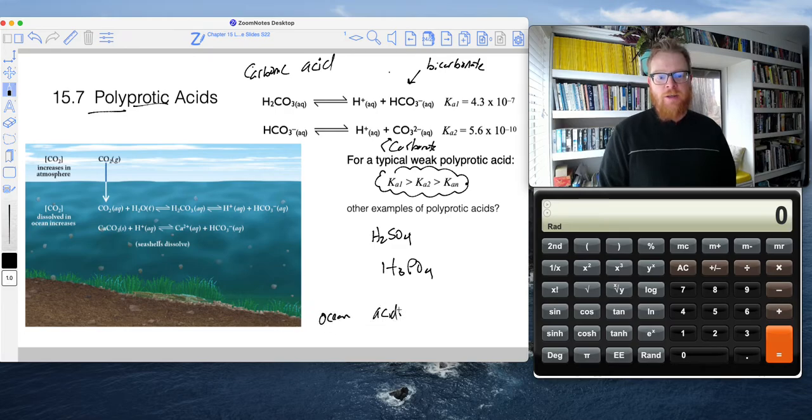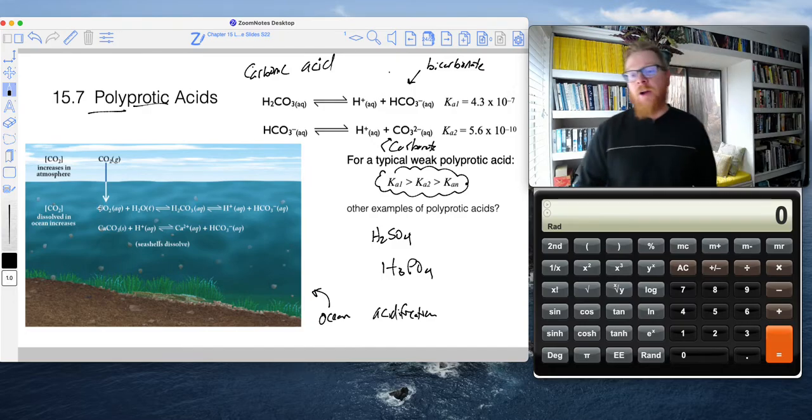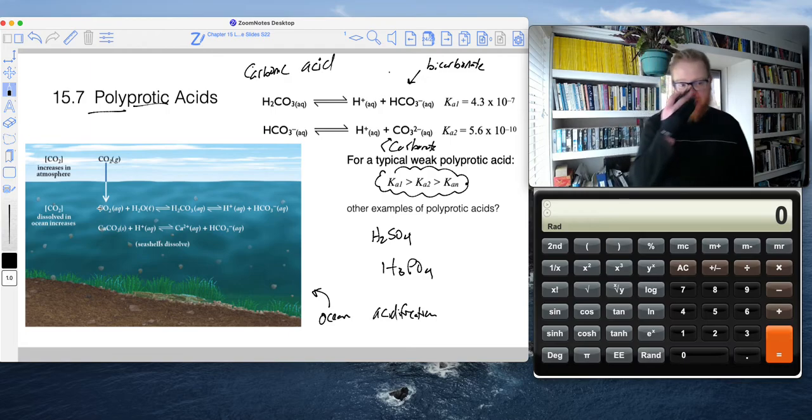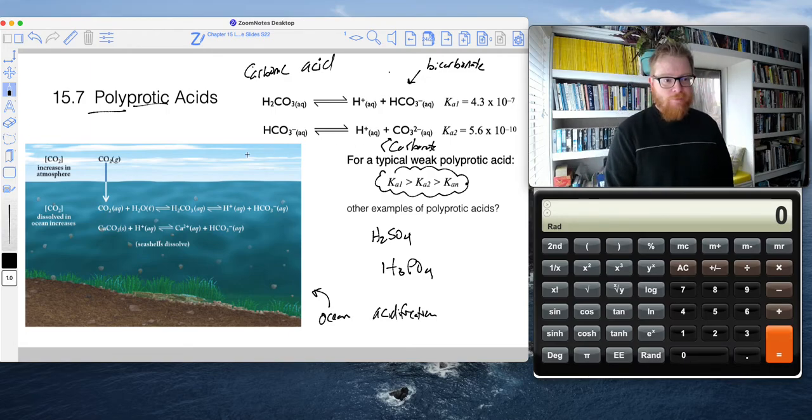So ocean acidification. Okay. So the way that this works, all right, we have CO2 in the gas phase in the atmosphere, and it can get taken up quite readily into natural waters, oceans, rivers, lakes, streams. CO2 is very soluble in water.